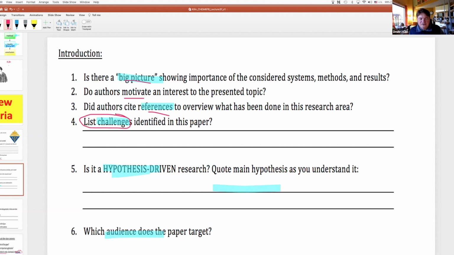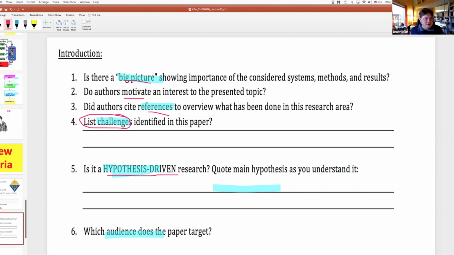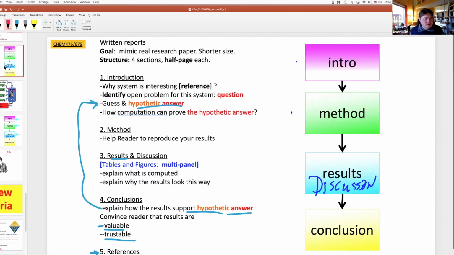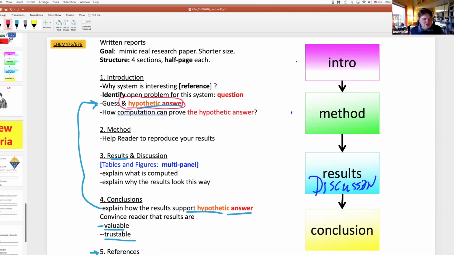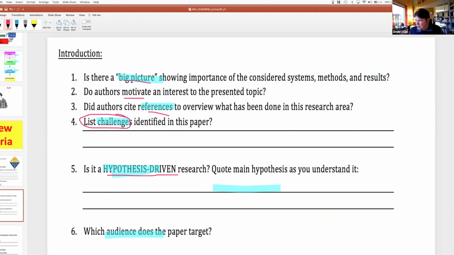So if the author writes open questions and challenges, the reviewer should give credit to the author and mention: is it hypothesis-driven research? The stuff about hypothesis that we were discussing a few slides ago is very much appreciated, not only in journals, but also in funding agencies who support research with funds.